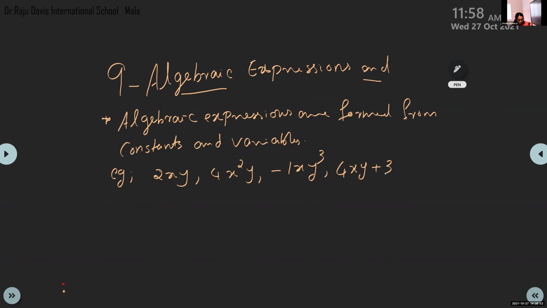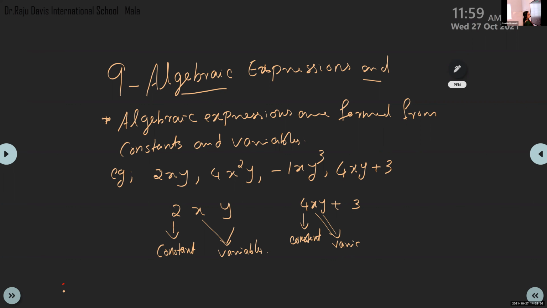All these are algebraic expressions. x and y are variables. 2 is a constant in the first expression.